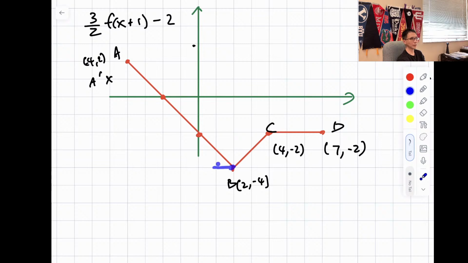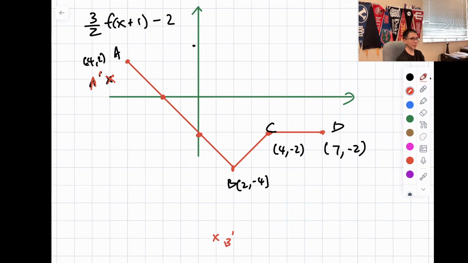Going left, and this is -4 times 3/2. What's -4 times 3/2? -6. So it's right here, and then go down 2 more units after that. So it's right here. Do you see that? So it's actually 1, -8. So this is B prime. This is A prime, right?